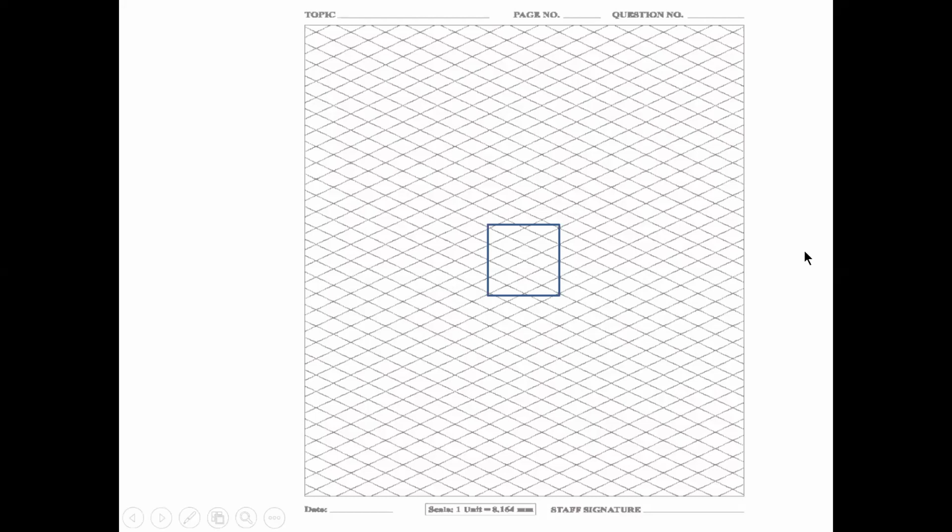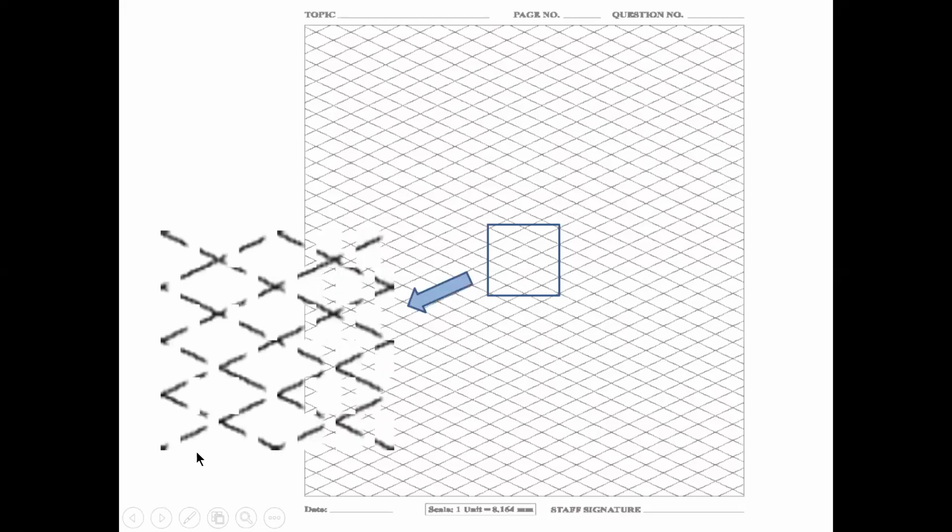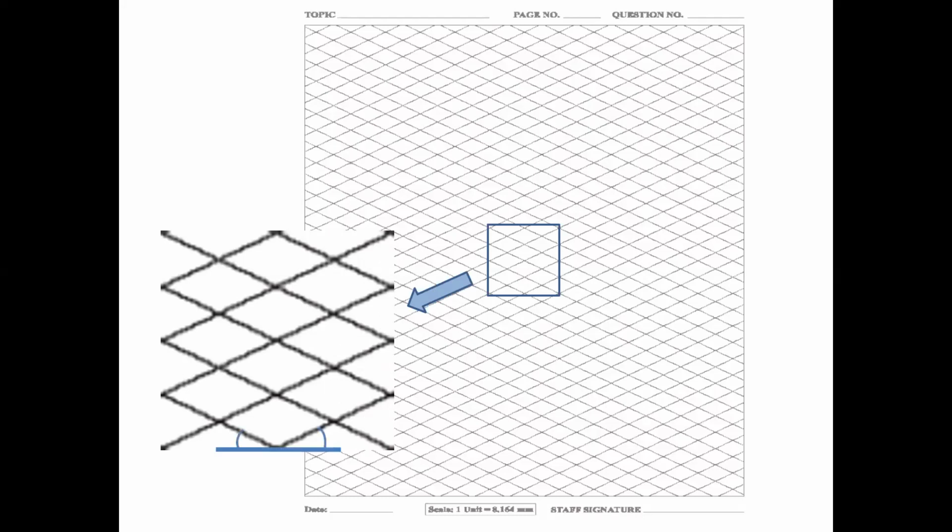So how does it look? This is the enlarged figure of an isometric sheet. In this enlarged figure, you can observe that all the lines are drawn at an angle of 30 degrees.